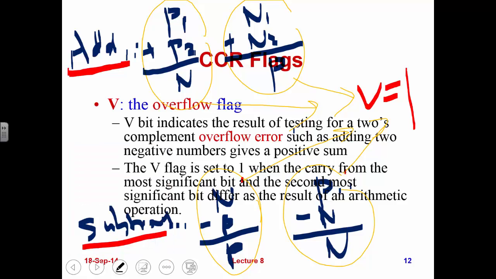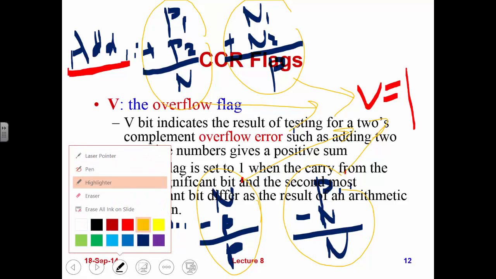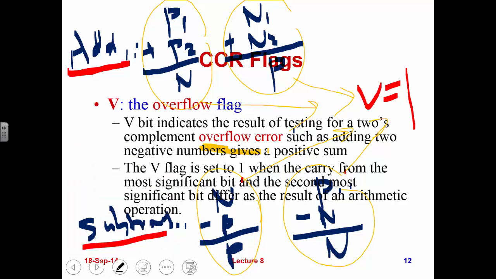All these 4 cases, the 2 cases for addition and 2 cases for subtraction, will cause overflow bit to 1. Something wrong. Overflow error, see? This is very important.